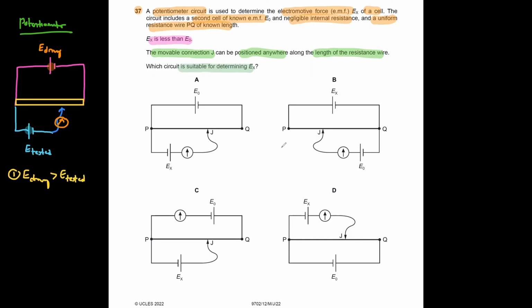The second thing you should know is that your cell terminals must match for a potentiometer. Meaning to say, if this is positive, this one must be positive. This one is negative, this one must be negative. So let me write it down here. The cell terminals must match.